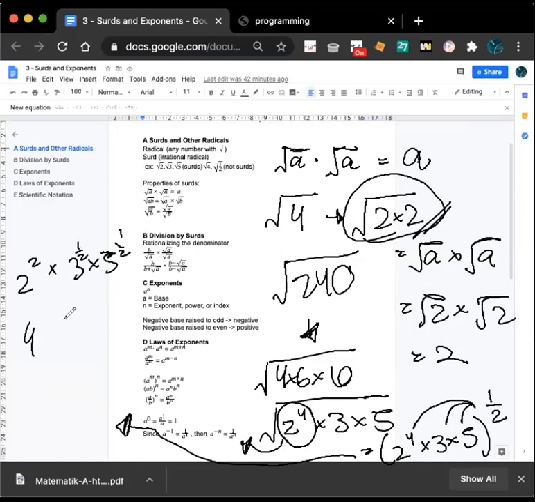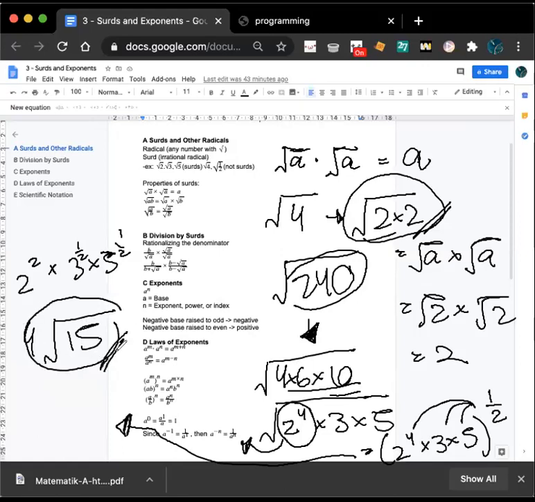If we write it back into radical form, we get 4 times the square root of 15. So breaking the numbers inside down into prime numbers, I usually find, is a very good way to simplify surds into their simplest form.